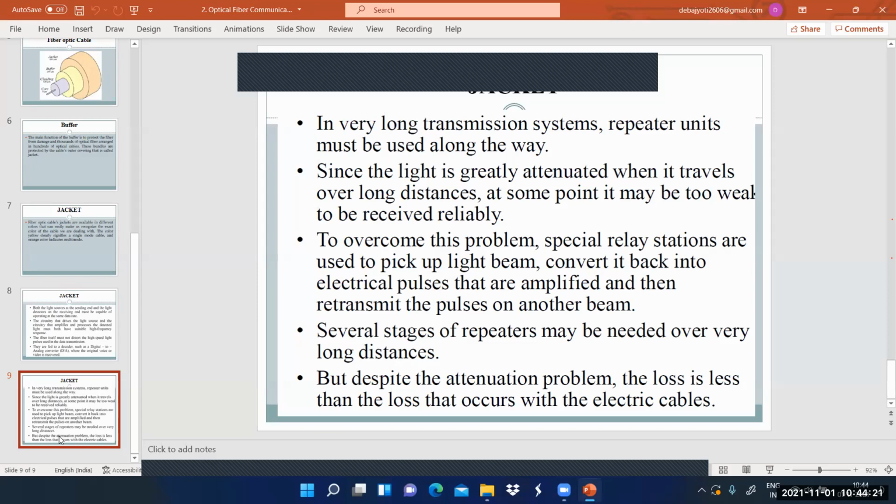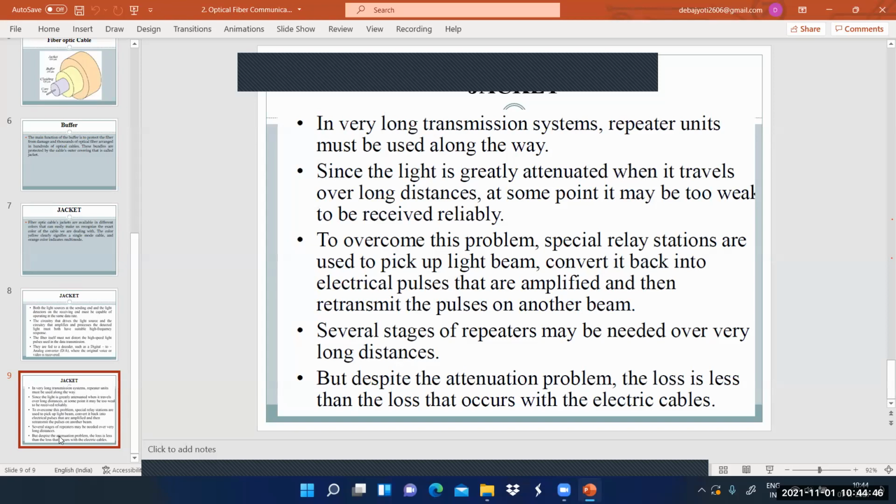So after a certain distance, there may be some repeater. With the higher generation, we also saw that the quantity of repeaters required is very less compared to the previous generation.